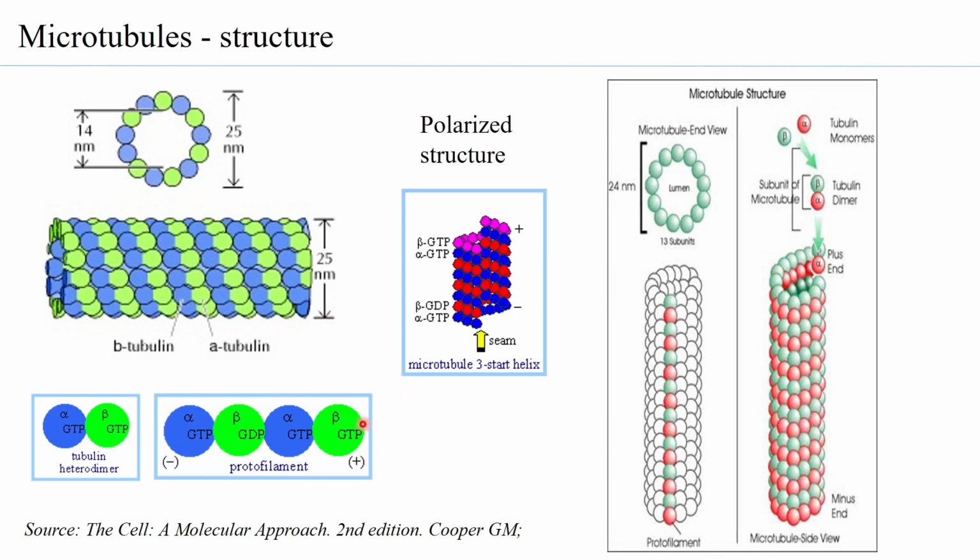But when you don't have the alpha coming and binding to the beta tubulin, its GTPase activity is there, but it is very weak. So it will not immediately get hydrolyzed to GDP. It will hydrolyze after a certain duration, because the activity is very weak. So that is something that one has to keep in mind.